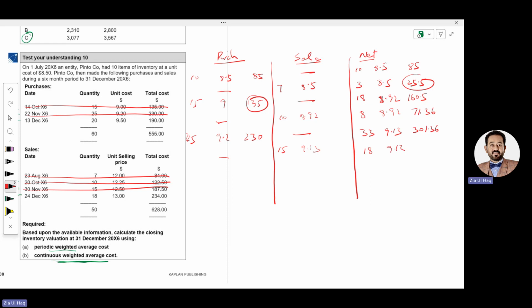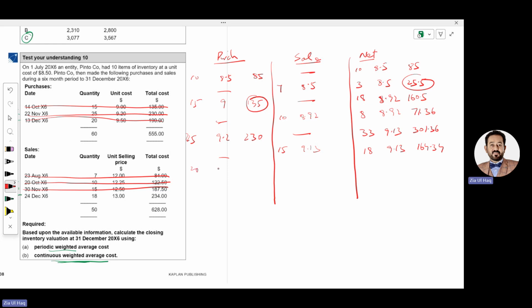At the rate of 9.13, how much? 18 into 9.13 is 164.34. So next, on 13 December, we purchased 20 units at 9.50.